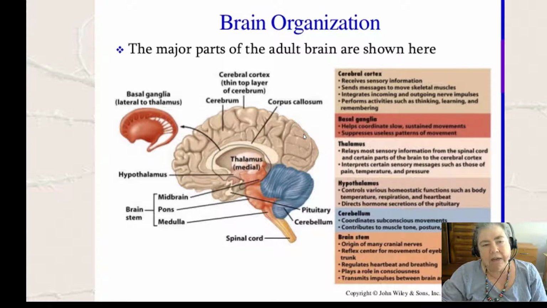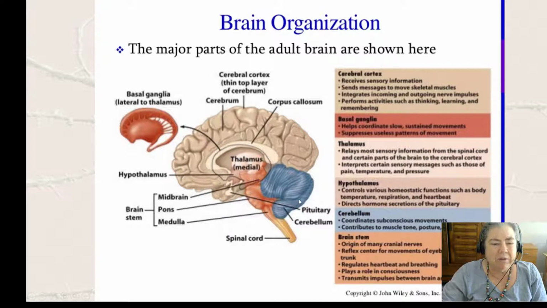The basal ganglia are extremely important in coordinating slow, sustained movements and suppressing weird and unnecessary movements. I'm going to jump to the cerebellum, which coordinates complex repetitive movements, subconscious movements.